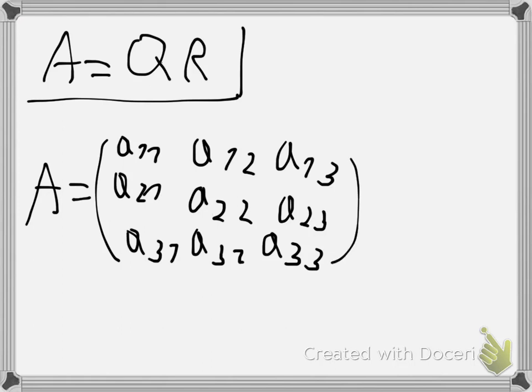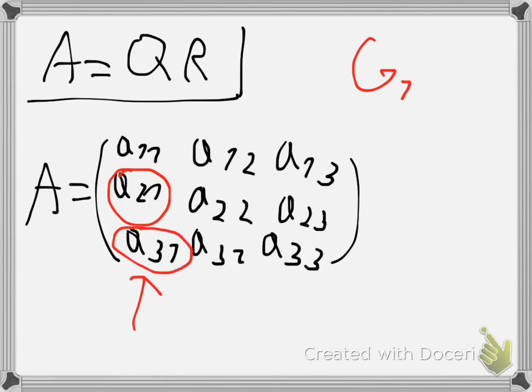So first we will consider the first column vector of A, and we will eliminate A21 by applying a first Givens rotation. Then we will eliminate A31, so the third component of the vector. And then we will go to the second column vector and eliminate the last element, because remember we want an upper triangular matrix.